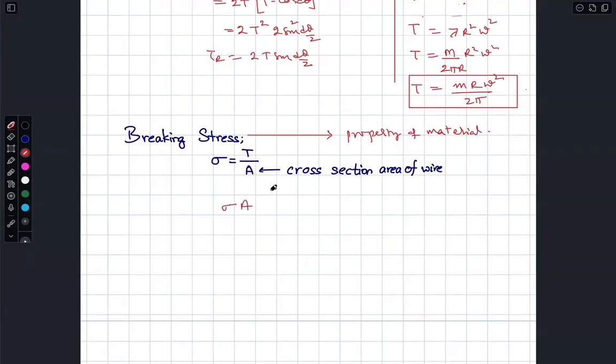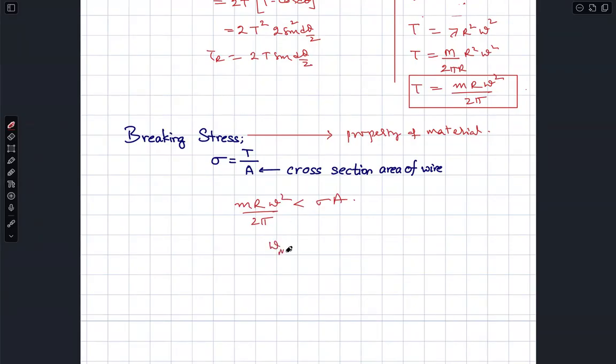This tension must be less than sigma A. If it is even equal to, the wire will break due to the rotation.